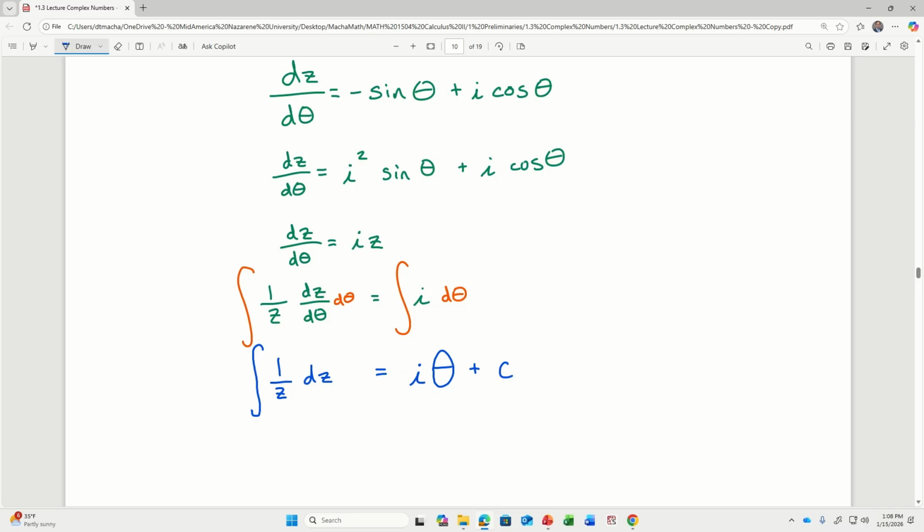So let's say that this d theta talks about the same small change. Well, multiplying and dividing by the same small change is going to cancel out. So now, as it appears, we're taking the antiderivative of the function 1 divided by z with respect to z now, instead of with respect to theta. And what's the antiderivative of 1 over z with respect to z?